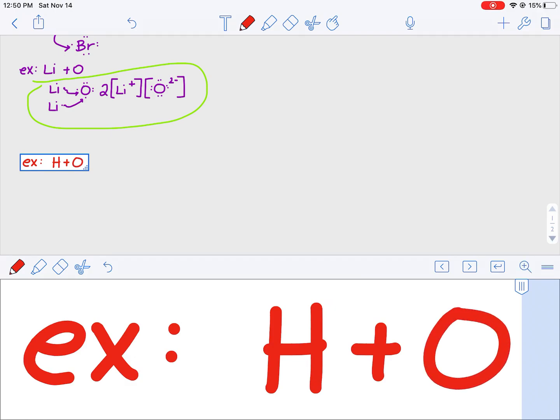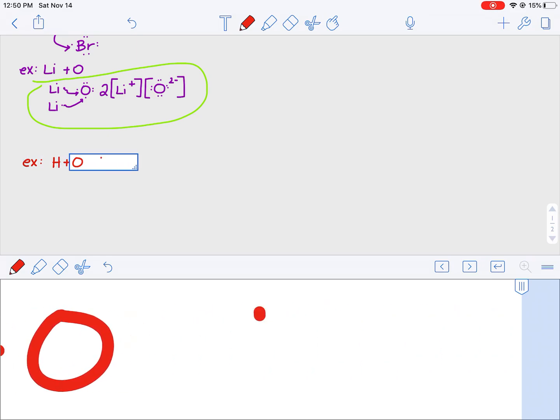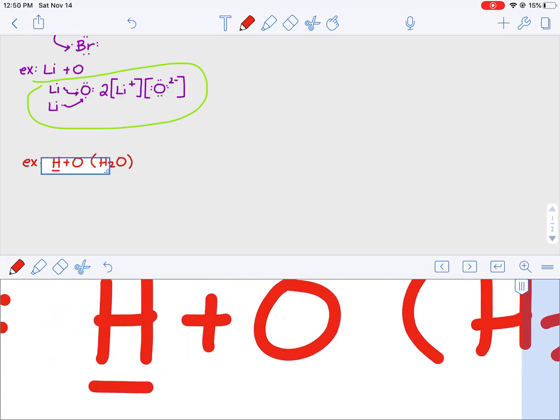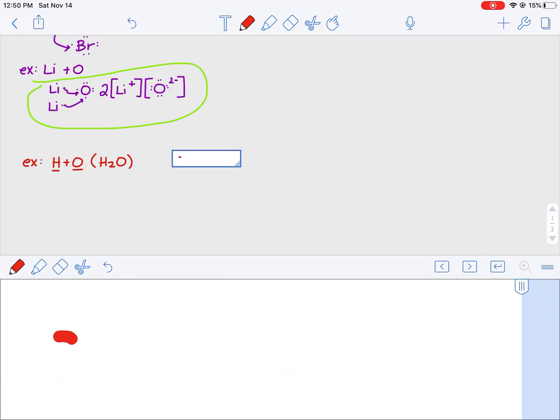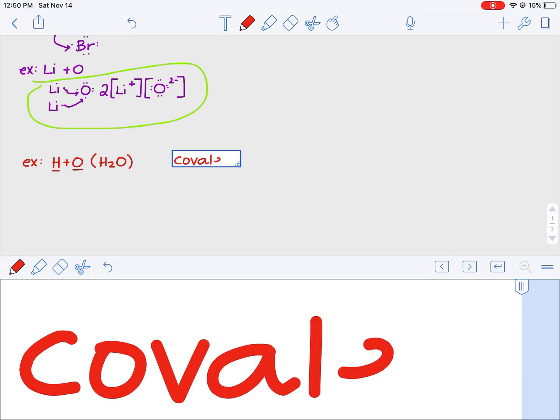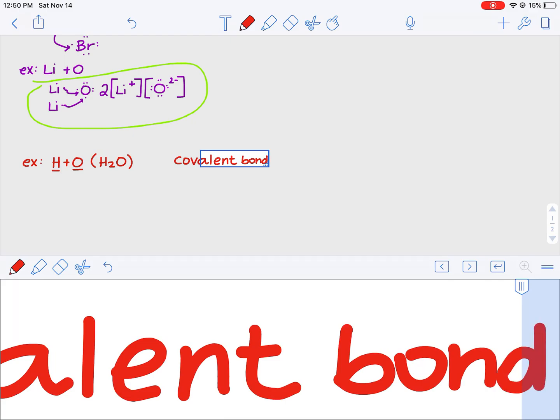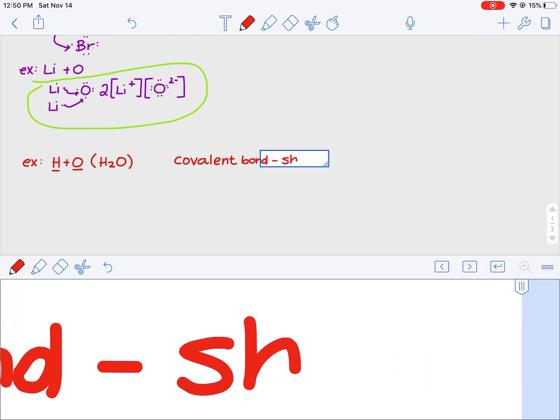When we get to the situation where we have 2 nonmetals, you're always going to need to be told what the formula is, because there are a variety of different combinations that can result when these atoms of the nonmetals bond with each other. So again, I've got 2 nonmetals, so I know I'm going to have a covalent bond. The covalent bond needs to show the sharing of electrons.